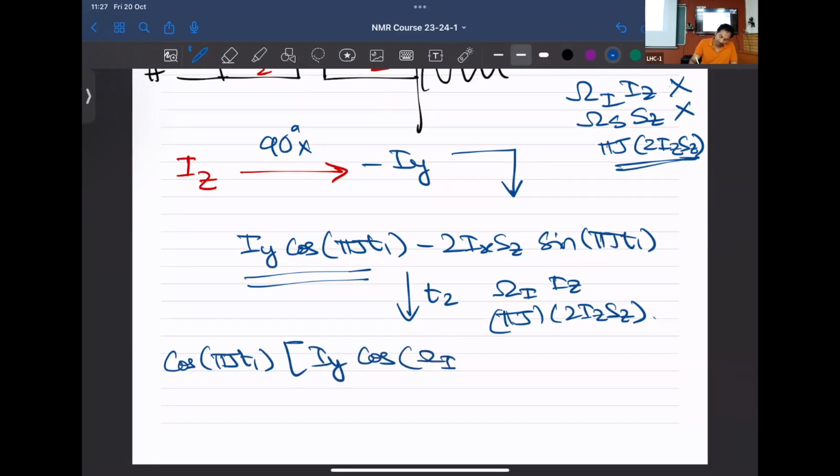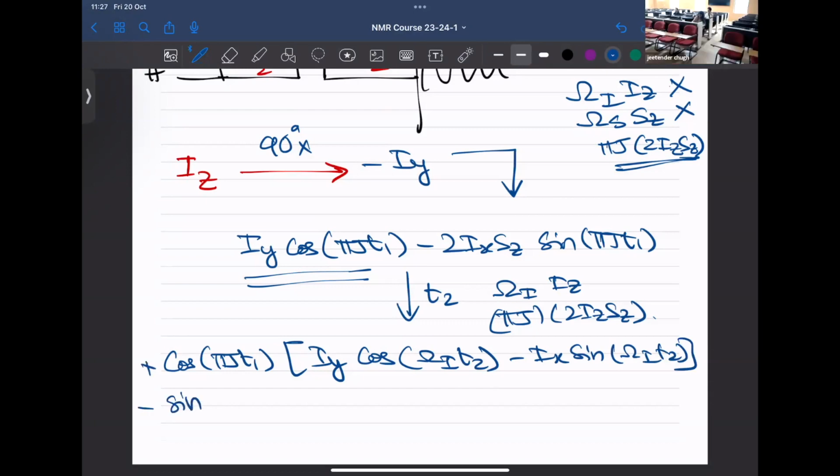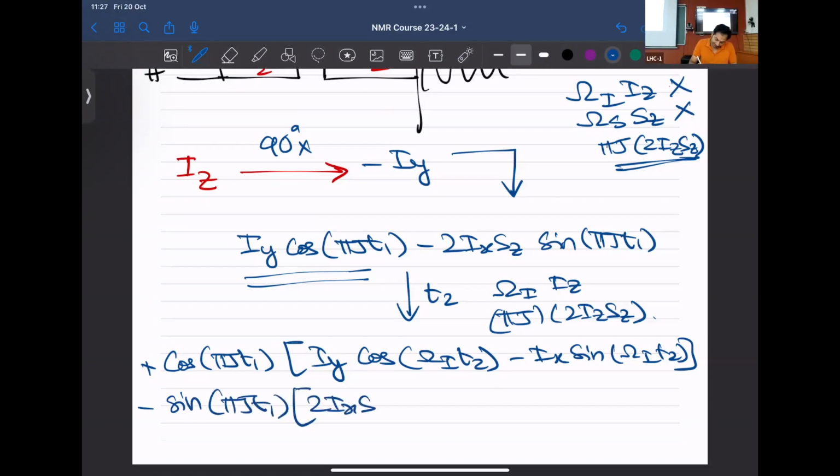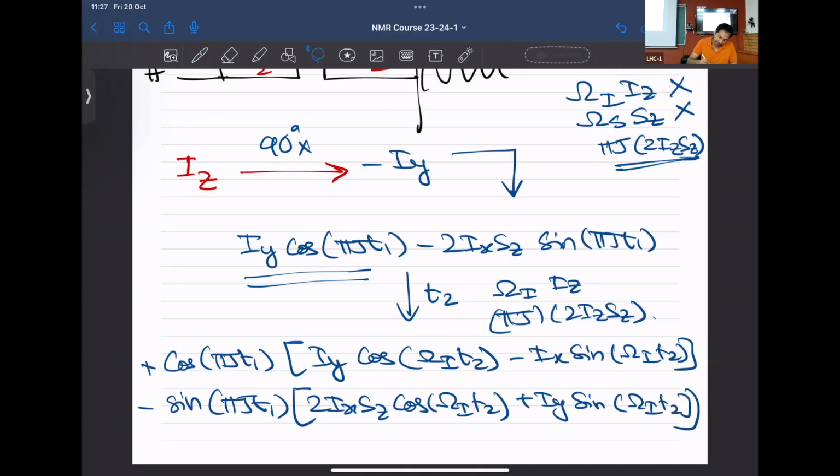Cos omega I t2 minus Ix sine omega I t2, right? Is that right, Abhay? Yes, sir. And then sine pi J t1. So let's take the next term, 2IxSz cos omega I t2 plus Iy sine omega I t2. Okay, so that's where we are.